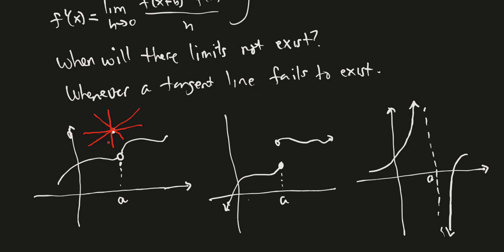So that's one problem. And a similar problem happens here if you have a jump discontinuity. Again, I couldn't have it passing through this point because this is actually not a point on the graph. That's why it's an open circle. Maybe I need to make that open circle a little more distinct. Yeah, there's nothing there for me to have the tangent line pass through.